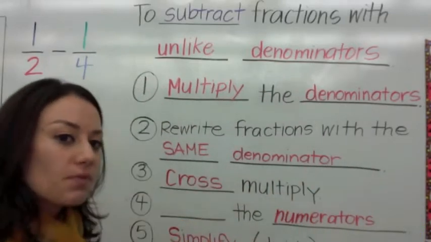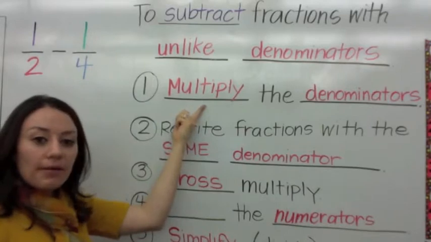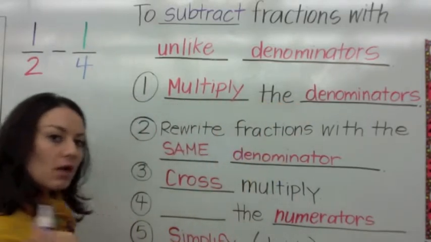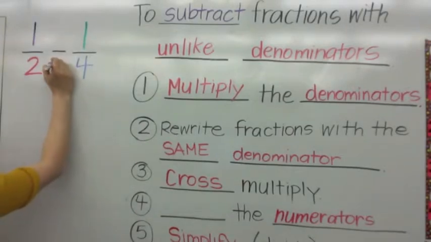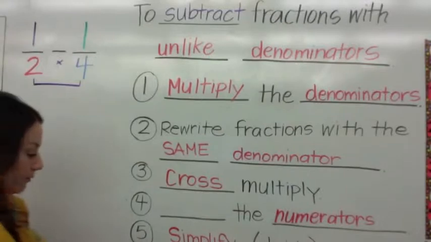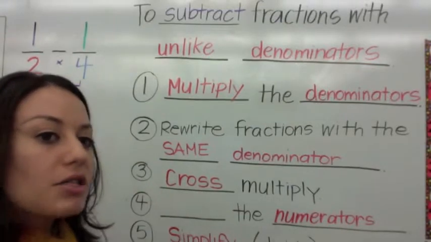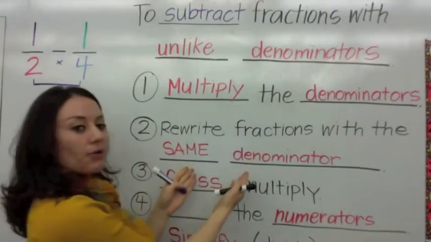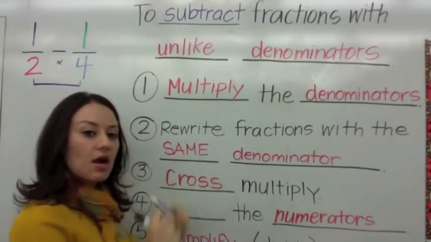The first thing you do is multiply the denominators. I'm talking about multiplying the bottom numbers, which is 2 times 4. So when you multiply the denominators, then you can rewrite the fractions with the same denominator.